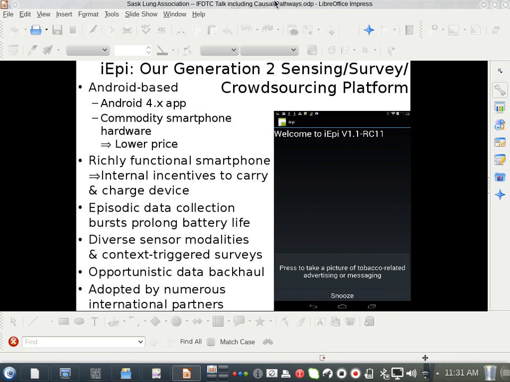It would combine together a sensing platform with a rich survey platform for microsurveys on the device, surveys that can be triggered by context, and it would be based on commodity devices that people would carry for other reasons because they're very attractive devices. We would provide it in a way that would guarantee really rigorous levels of security for private data, to the point where if I grabbed one of these devices and went off and nerded on it, I couldn't break its security for several months.